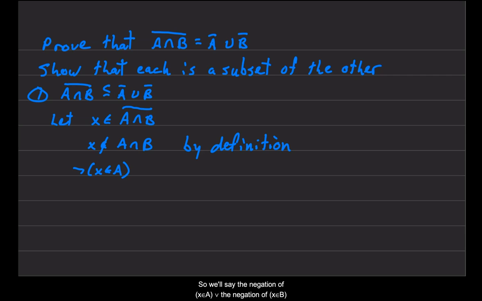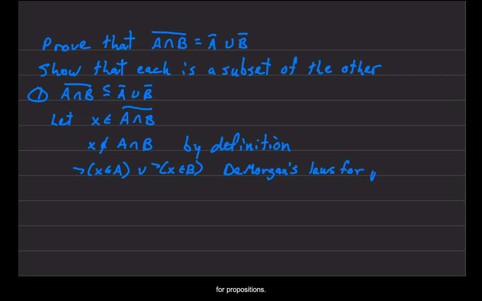So we'll say the negation of X is in A, or negation of X is in B. And this is DeMorgan's laws for propositions.